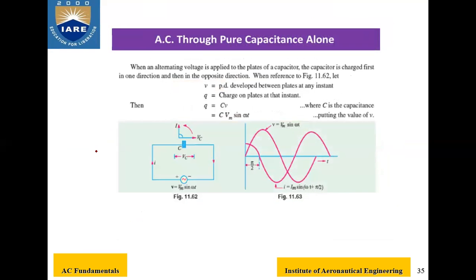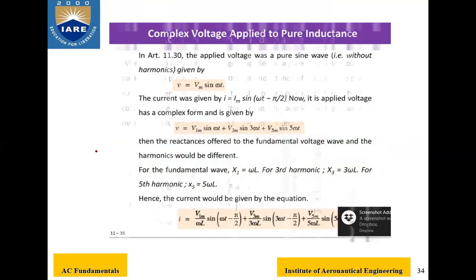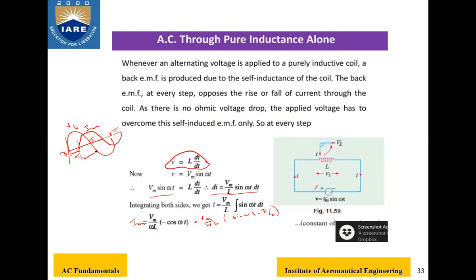Now, one more point I would like to stress here. We discussed inductor and capacitance in the starting classes, right? There, I explained what happens when a DC supply is given to an inductor. Now, this discussion is regarding the AC supply.